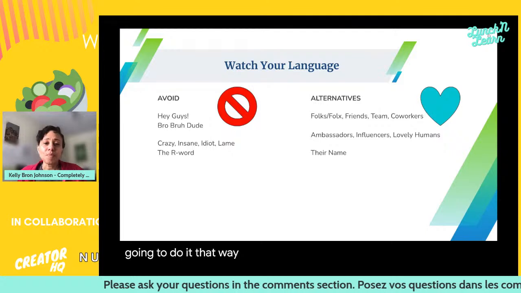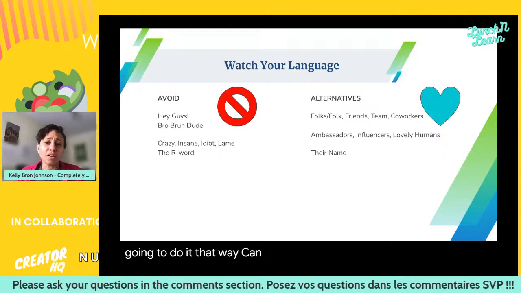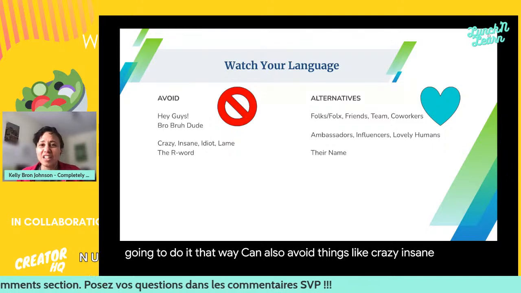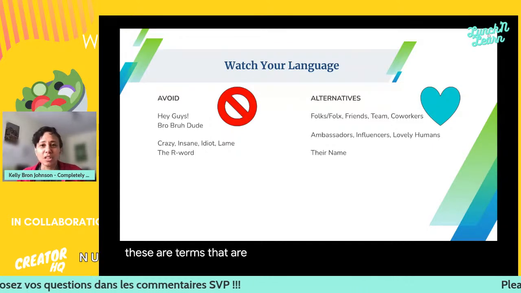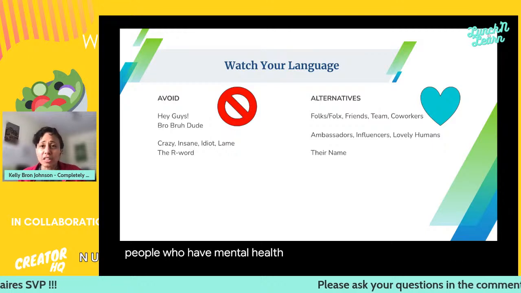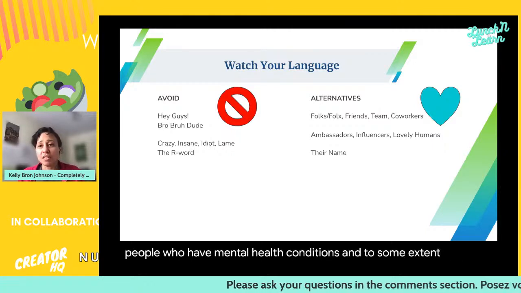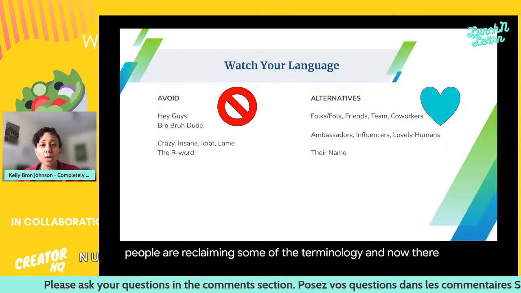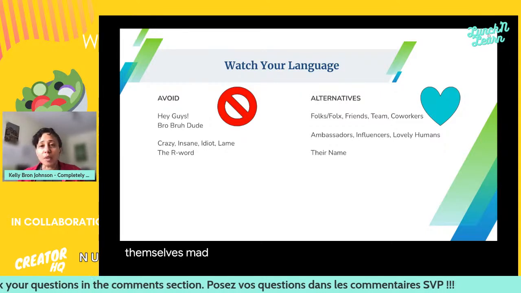And there's other words that we can also avoid. Things like crazy, insane. These are terms that are typically used in ways that stigmatize people who have mental health conditions. And to some extent, those people are reclaiming some of the terminology, and now they're calling themselves mad, which is fine.